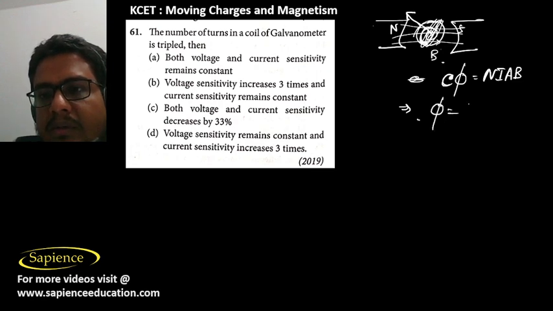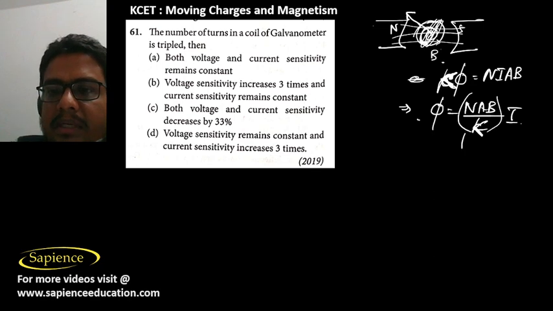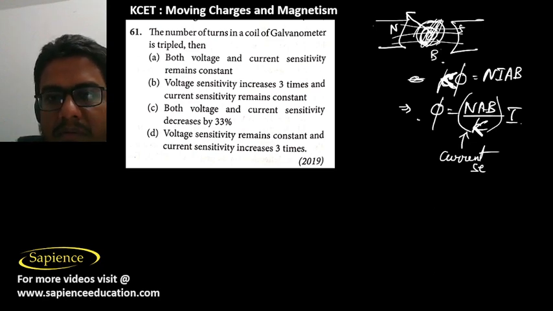So phi is equal to NAB by C into I. Let's say the spring constant is K. So phi is NAB by K into I. This NAB by K is called the current sensitivity in the galvanometer.